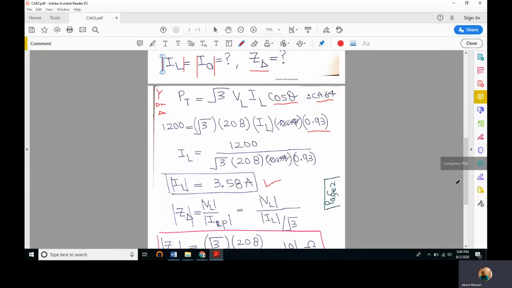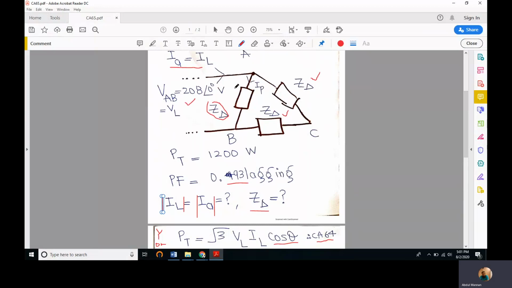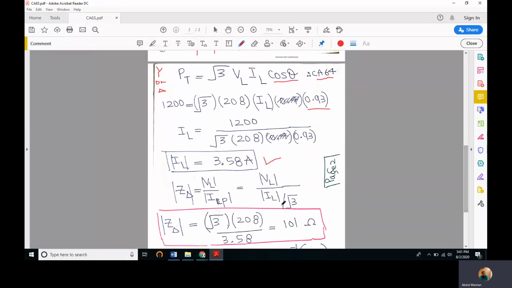The next thing that we were asked to compute was the per phase impedance Z delta. Let's consider this Z delta. The voltage across it is VAB, which is a line voltage, and the current through it is IAB, that is the phase current. So the magnitude of Z delta is the line voltage divided by the phase current, VL divided by IP.